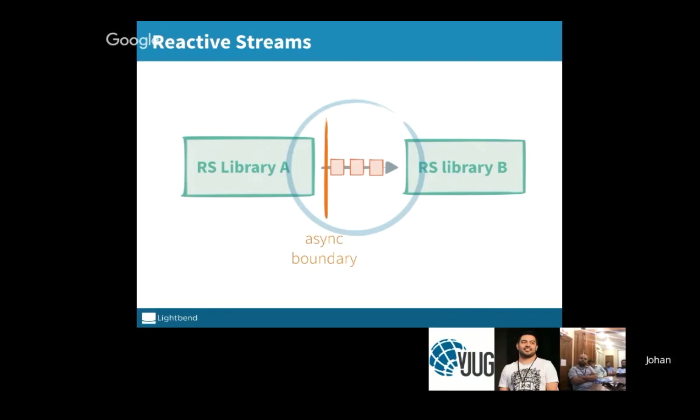So the specification covers a lot more things than the actual interfaces can cover. And there's also a TCK, Technology Compatibility Kit, which allows you to run a test suite on your implementation of reactive streams to see that you fulfill it. So what this actually allows for is, for example, Akka Streams to interact with Vert.x from Red Hat. So it allows for different libraries to interact.